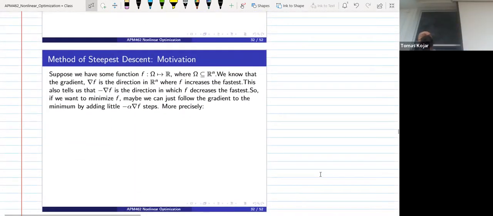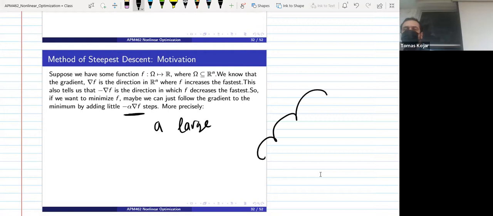It turns out that you have to be more careful, and we will do some simulations. You can't just move minus gradient. You have to move minus alpha times gradient, where alpha large, we will show later, means you make big jumps.